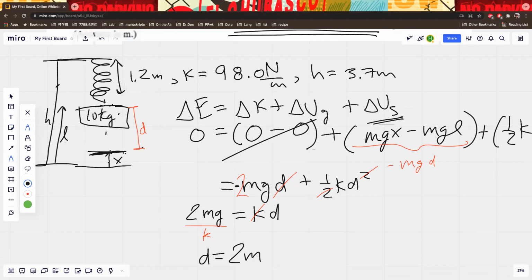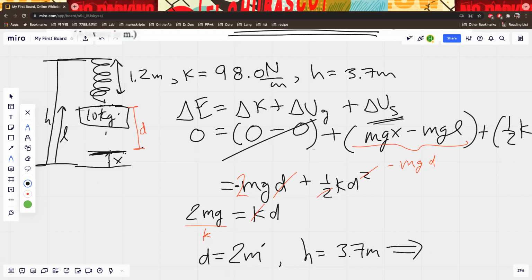And then because this entire height, h, equals 3.7 meters, then the distance above the ground is going to be... wait, this is going to be... I don't know why I said 2 meters. I meant to say 2.